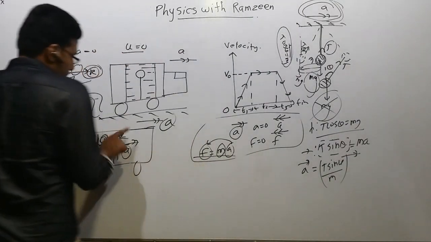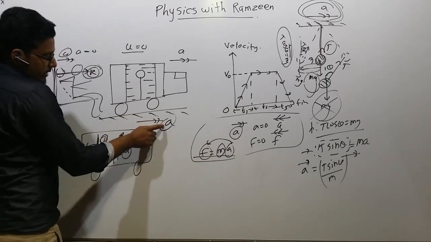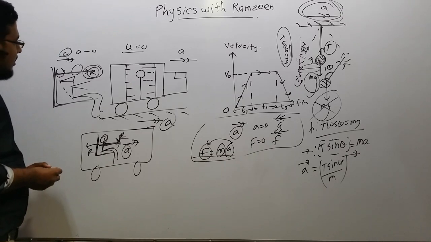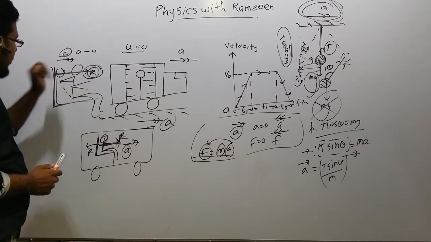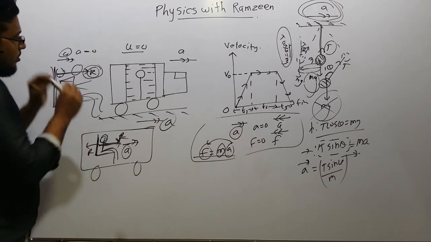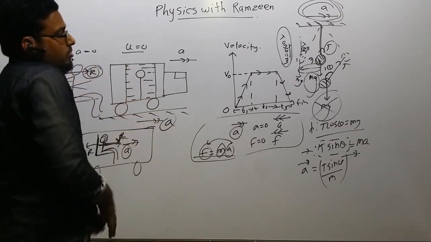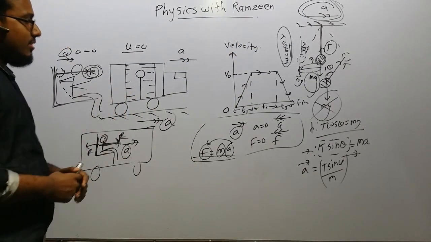When a bus moves in the given direction with acceleration a, due to that you also come to this position and get the acceleration value. So finally it always gets the same value that the bus moves, and also the ceiling moves, right? It doesn't matter, but the position changes.